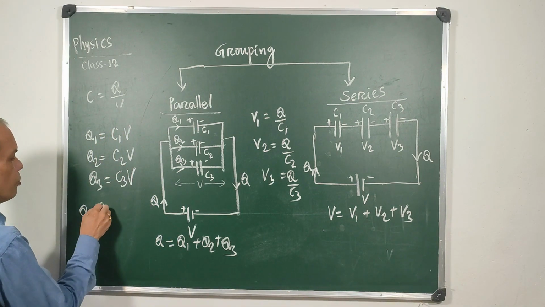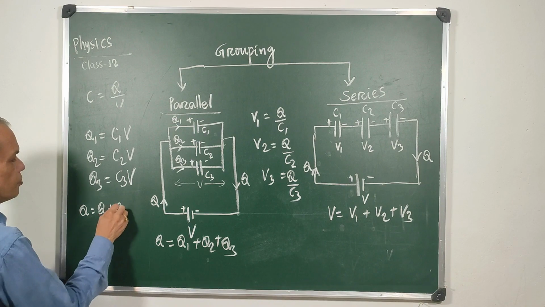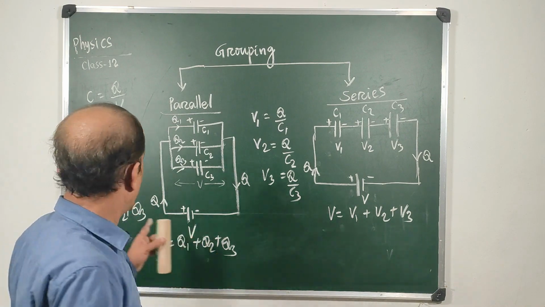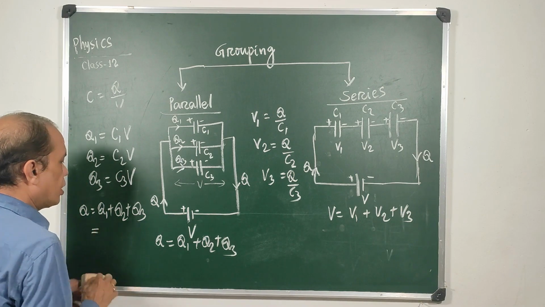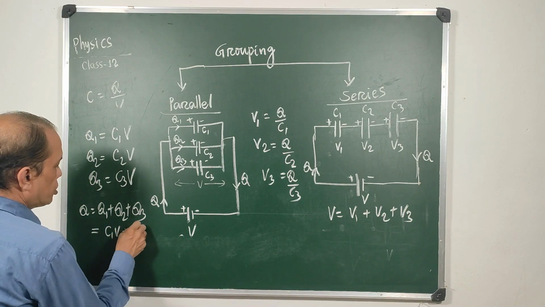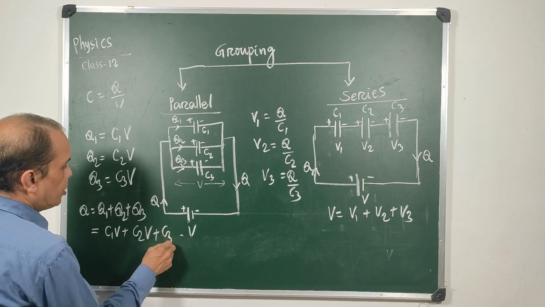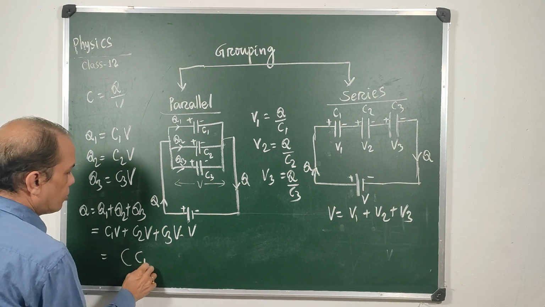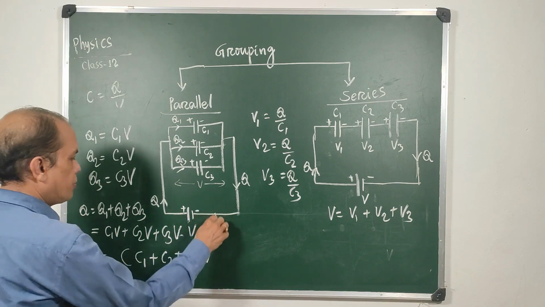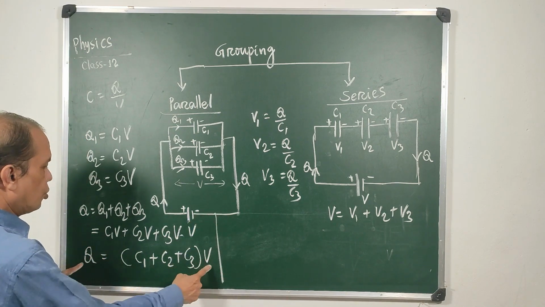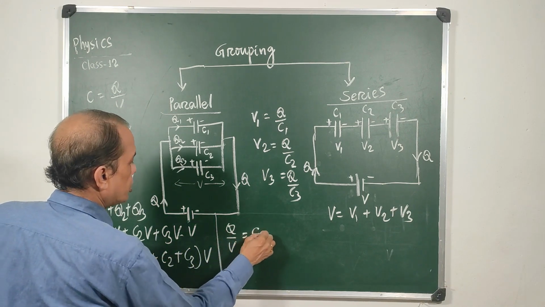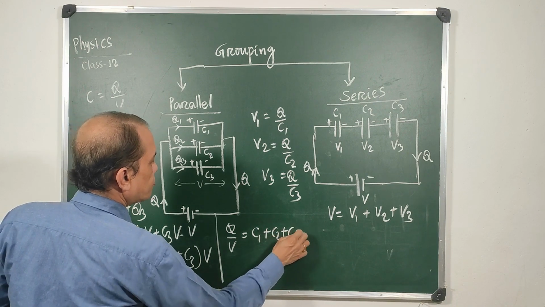Q is equal to Q1 plus Q2 plus Q3, and we can use the values. Q is C1V plus C2V plus C3V, and this will be C1 plus C2 plus C3 into V. That means we can put V like this, Q by V is equal to C1 plus C2 plus C3.